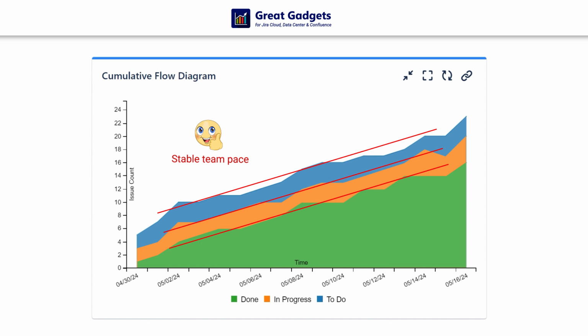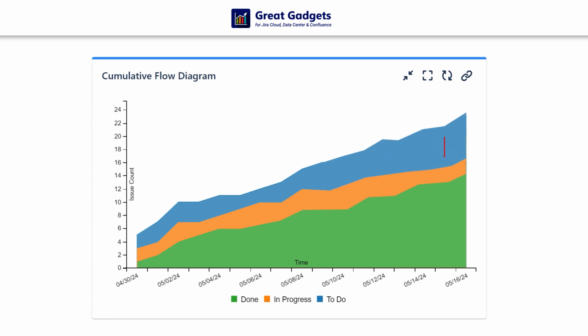The done band should grow constantly to assure a stable workflow and to make sure your team keeps delivering work. If the to-do band is getting larger, that could indicate that the team has capacity problems. An expanding in progress band indicates that the rate of items in this state is faster than the exit rate, so potential blockers. If the done bar remains flat, it means your team is not completing the work as expected.